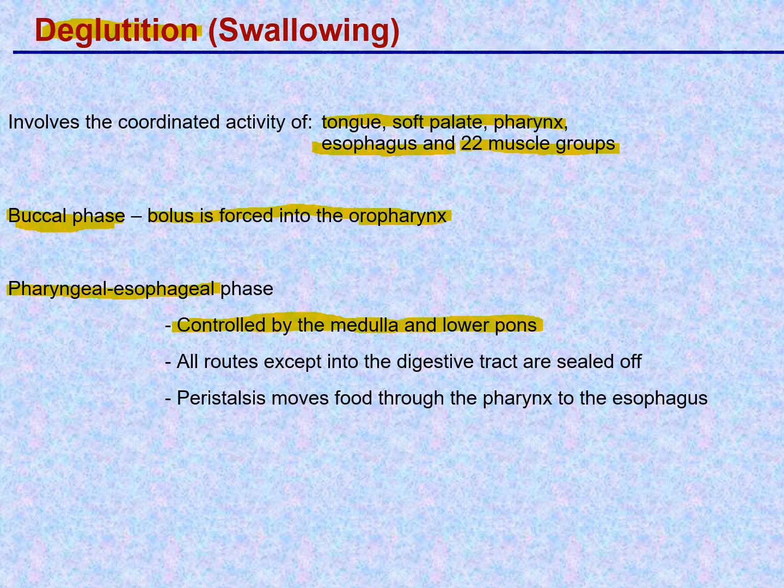After that, reflex action, localized movement of muscles, which is called peristalsis, and we've discussed before, helps to move the food down through the oropharynx to the esophagus, and down the esophagus to the stomach and onwards.